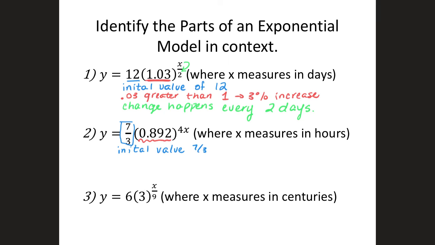So it's less than 1 by 0.108. Turning that into a percentage, I can say that's a 10.8% decrease. And then because my x is being multiplied by 4, my change happens 4 times per, in this case, hour.